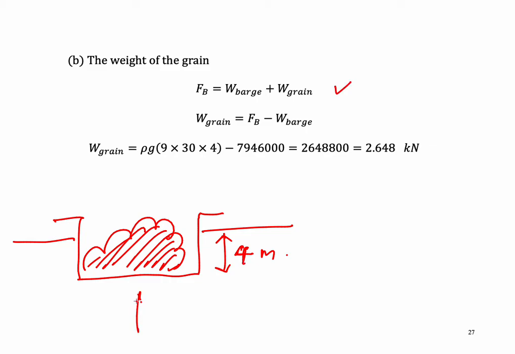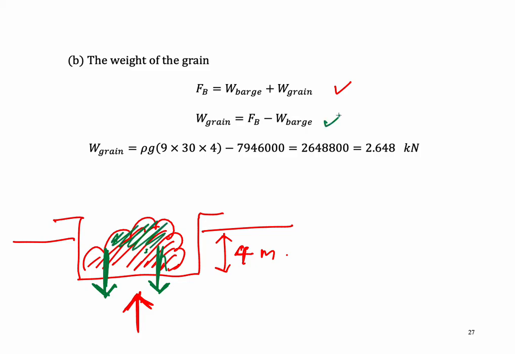The force of buoyancy that works upward is equal to the gravity of the barge, plus the weight of the load here. So we could write it like this, and then we would like to calculate the weight of the grain inside the barge here.